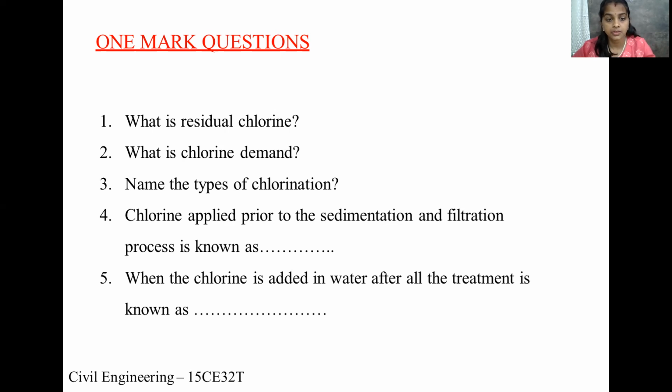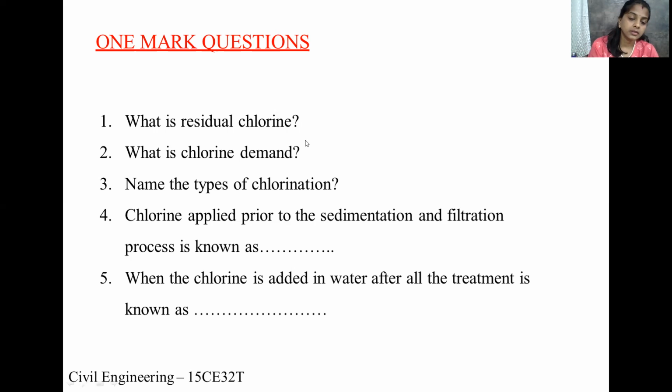Coming to the next question, chlorine applied prior to the sedimentation and filtration process is known as what? I explained this just now while explaining the points of chlorination. When it is applied prior to sedimentation and filtration, we call it pre-chlorination. Next, when chlorine is added to water after all the treatment, it is known as post chlorination.